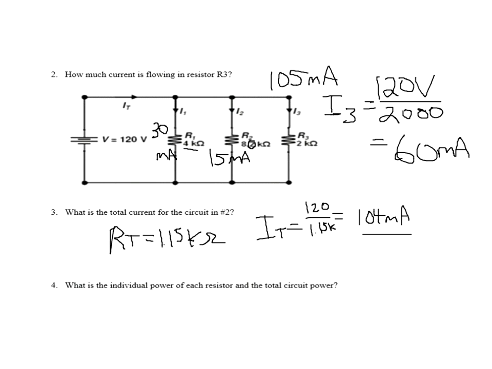All right. What is the power in each resistor? Okay. Well, my total circuit power is going to be, let's see here, I'm going to use P total. That's going to be equal to I total times V total.